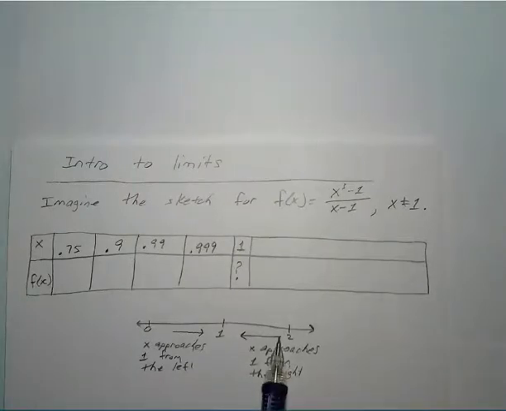Now, approaching 1 from the right, we could start at 2, then 1.5, then 1.25, but we're not going to go that far.